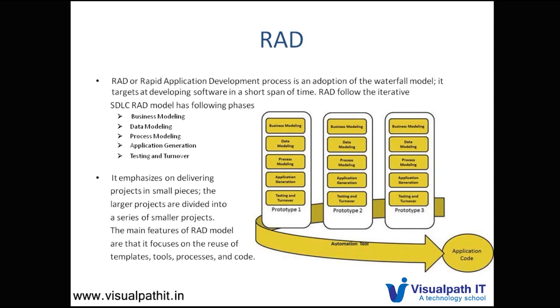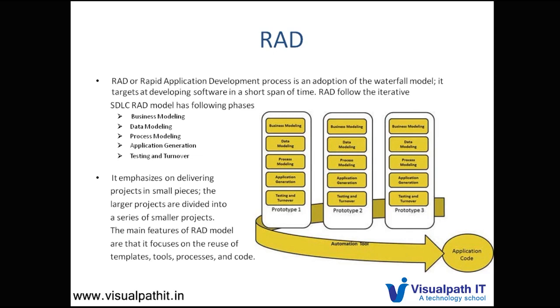In the RAD model, it is based on prototyping and iterative development with no specific planning involved. So we need not have all the requirements or planning. We do minimal planning here, and step directly into development.